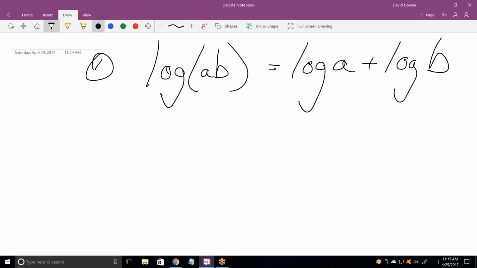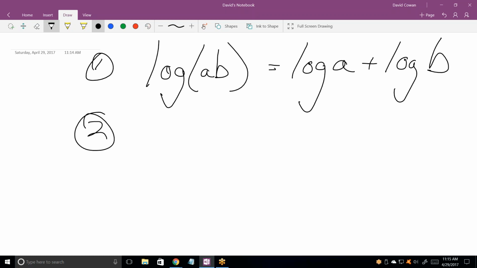If I have the log of 2 times 3, it's equal to the log of 2 plus the log of 3. Which would mean that the log of 6 is equal to the log of 2 plus the log of 3. True statement.